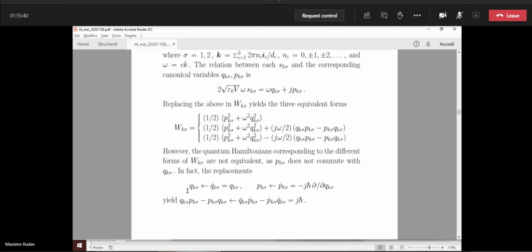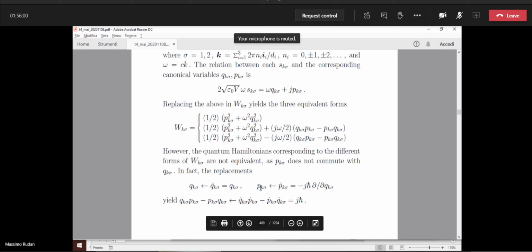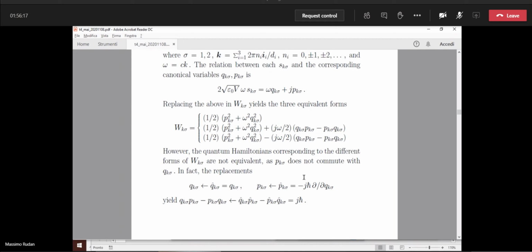We take each component of position, so that is each Q. We replace it with an operator, but for the component of position, the operator is the component itself, so the Q terms are left unchanged. Instead, when we proceed with the replacement of the component of momentum, P is replaced with P hat, that is the momentum operator, minus J h bar, derivative with respect to Q.